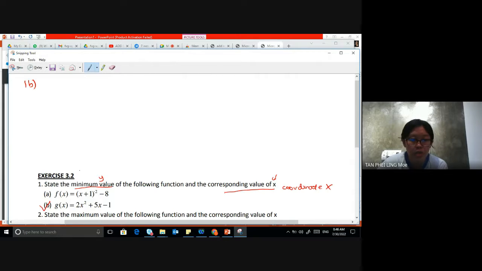So 1b. In order to find out the y value and the x value, I need to do my completing the square. Remember that when you are scared of it, the more you do it, the less fear you will feel. Okay, let's do this together. So first thing, what do we need to do? Can anybody tell me? Remember, the first step is always a must be equal to 1.